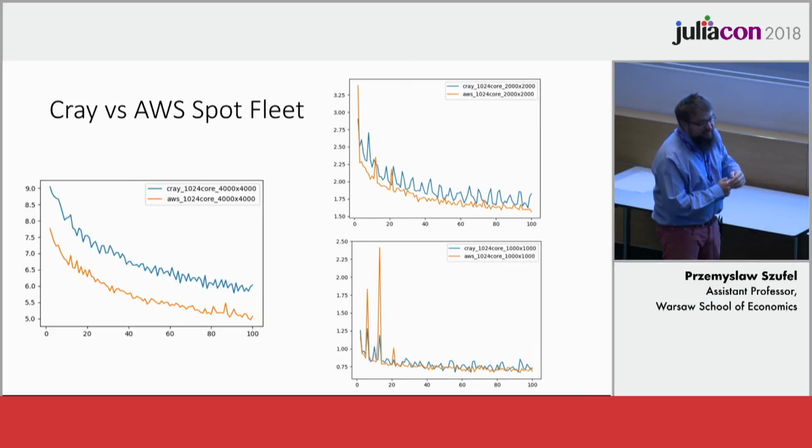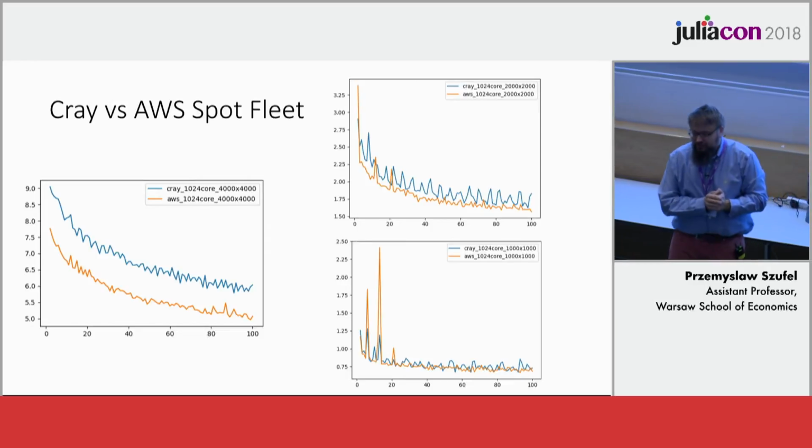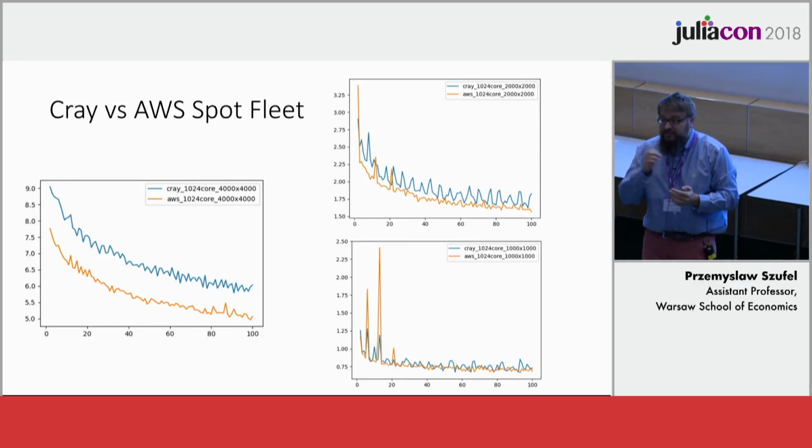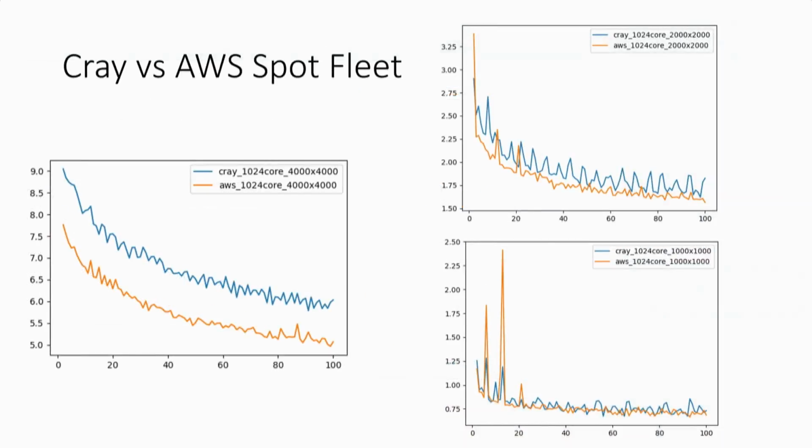When this chessboard was large, Cray was taking slightly longer to execute, because there was plenty of computing and not so much communication, since I've been exchanging only the information on the borders. But on the other hand, when the board I've been analyzing was smaller, the faster communication that was available in Cray was kicking in, and you could see that this inter-node communication was faster with Cray.